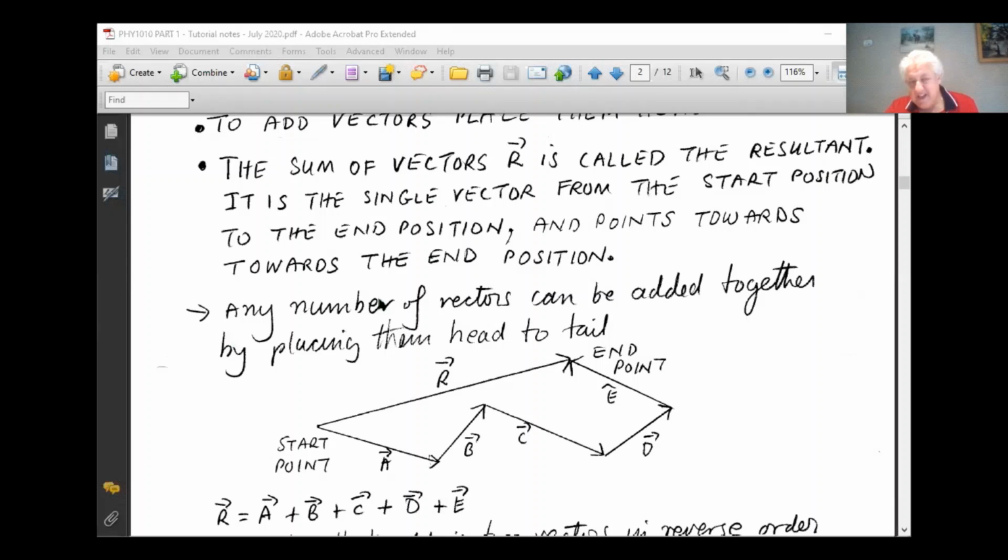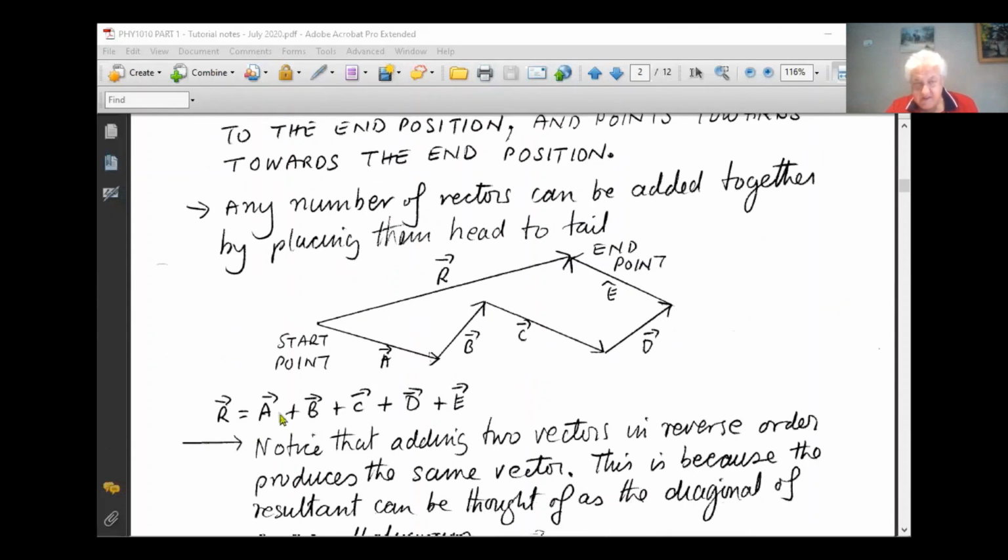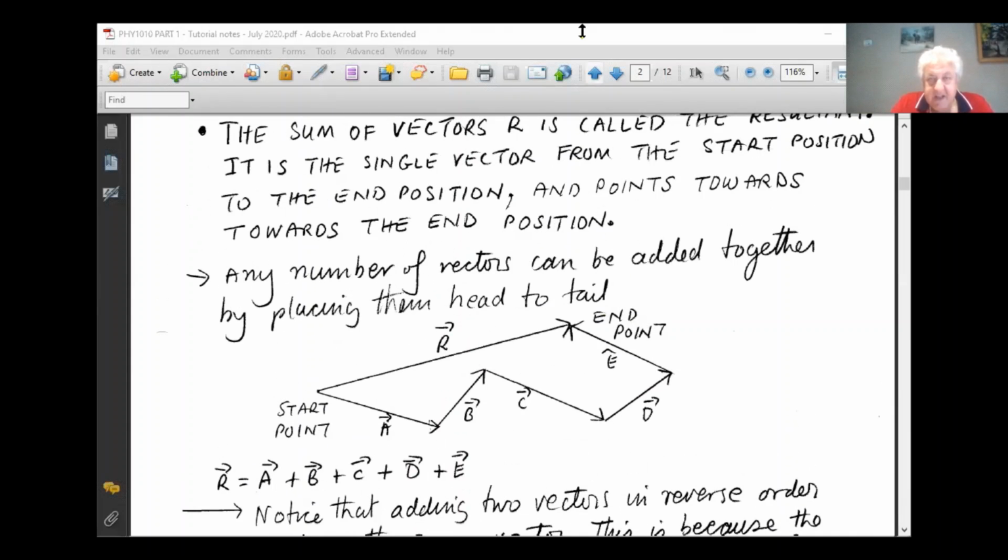And any number of vectors can be added together by placing them head to tail. This is my vector equation, and this is my graphical representation. I might do this on the whiteboard for you. So let me take a vector A and another vector B. I want it to be horizontal to make things easier.